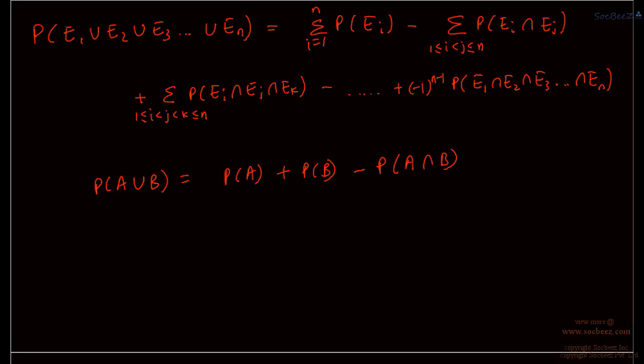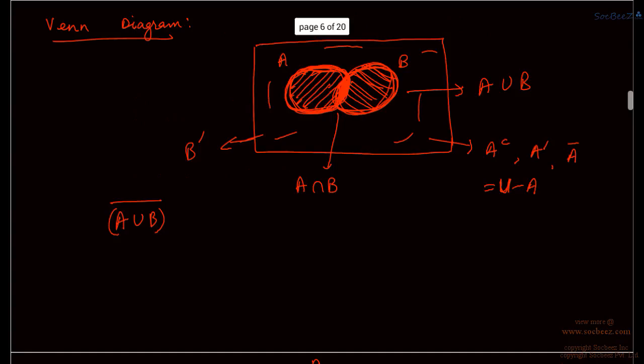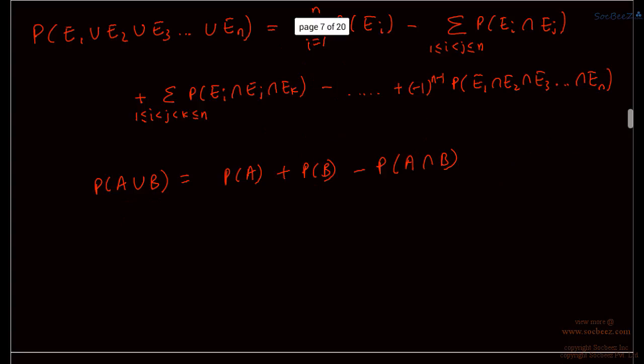P of A union B is actually related to both P of A and P of B minus P of A intersection B. That should have been pretty clear, right? If this is P of A, this is P of B, and this is P of A union B. Now we saw that the part shared by both of them, A intersection B, was actually being shaded twice. So we needed to remove it once, or minus P of A intersection B. Right?